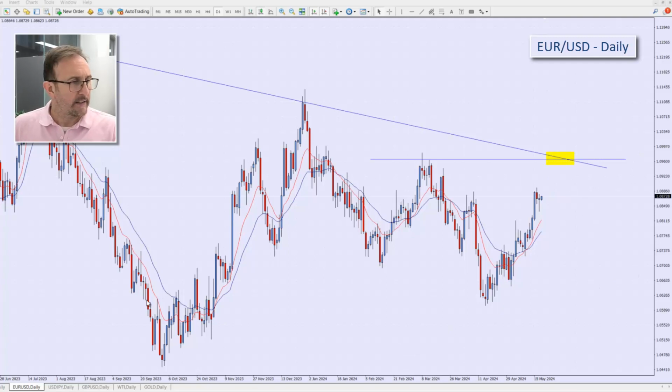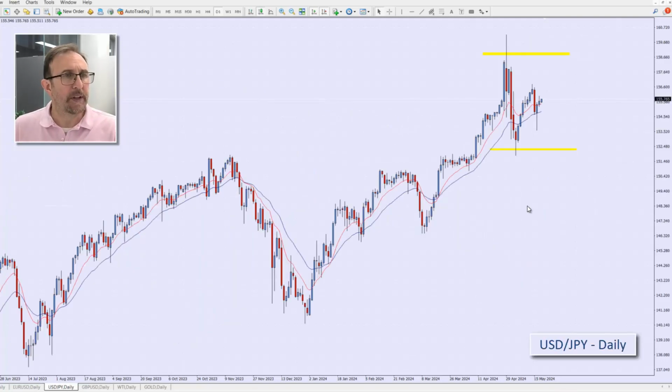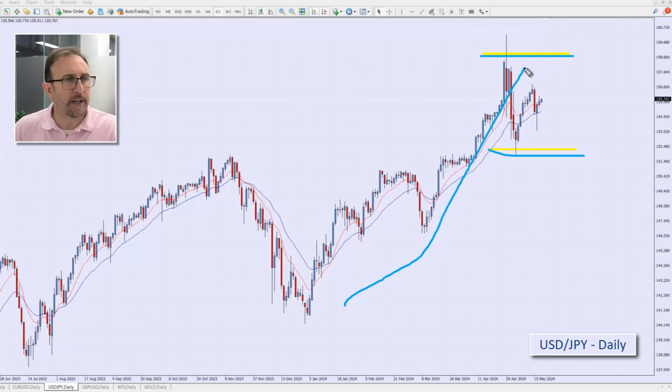US yen, let's have a look. Okay, US yen, I've got these levels marked out up there, and they're marked out from last week. Now remember, we're in an uptrend essentially, but I marked out those levels because that's the most recent high, and then it's pulled straight back down very, very quickly to this level here.